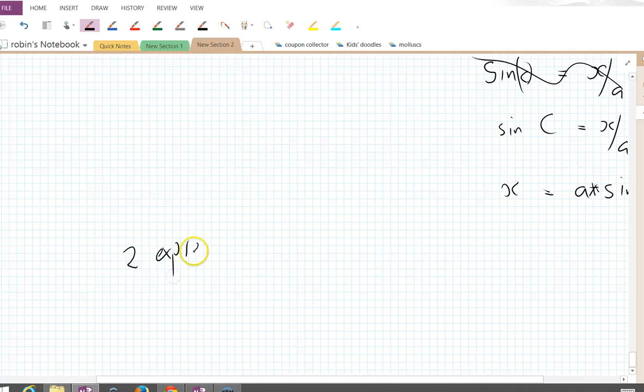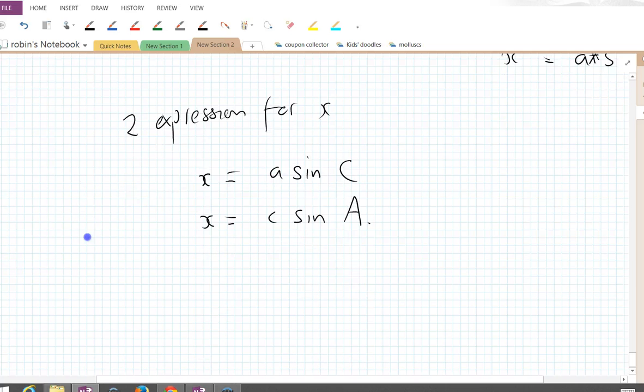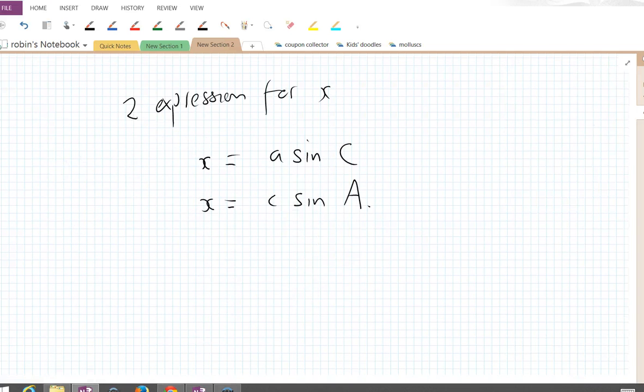So we had two expressions for X. X was equal to A sine C from one of the triangles, and X was equal to C sine A from the other triangle. I forget which way around they were. One from the red, one from the blue anyway.